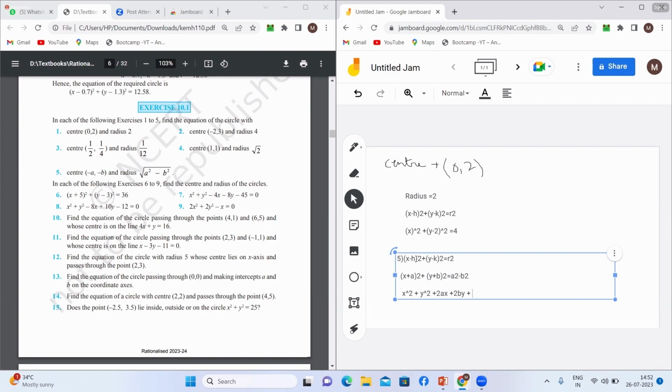So b square will give 2b square and a square will get cancelled. So plus 2b square equal to 0. So this is our final answer to this question.